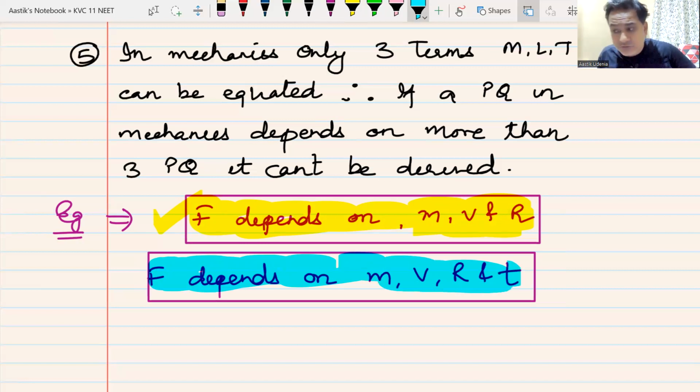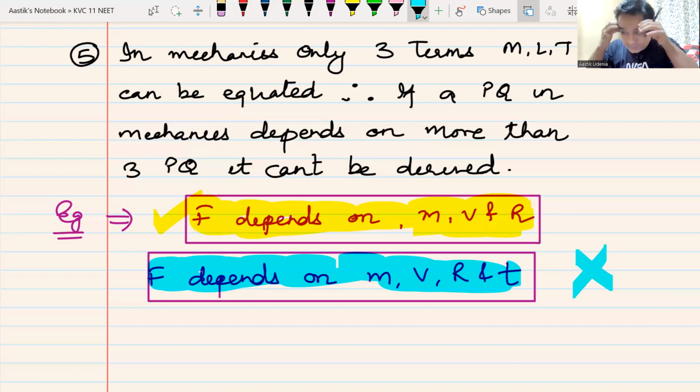And the answer is no, because I will only have three equations, one for M, one for L, and one for T. There are four unknowns. I will not be able to derive the equation of force using dimensional analysis. Do we understand this?